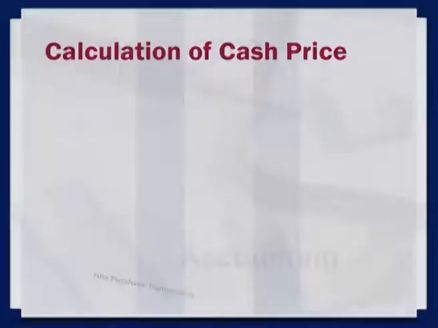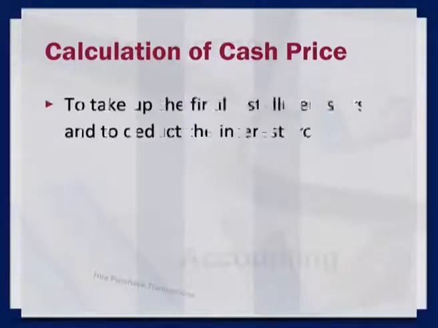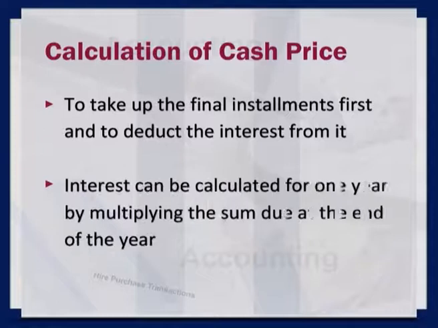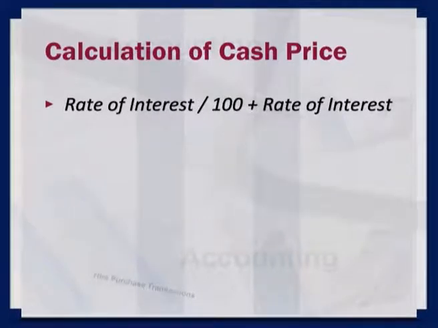So, it becomes essential to find out the cash price first before solving such types of questions. The procedure to calculate cash price is to take up the final installment first and to deduct the interest from it. Interest can be calculated for 1 year by multiplying the sum due at the end of the year by the formula, that is, rate of interest upon 100 plus rate of interest.